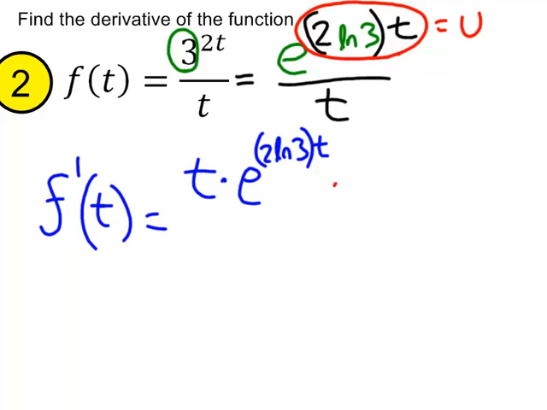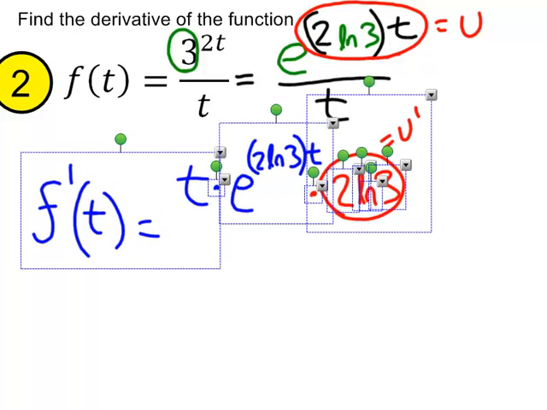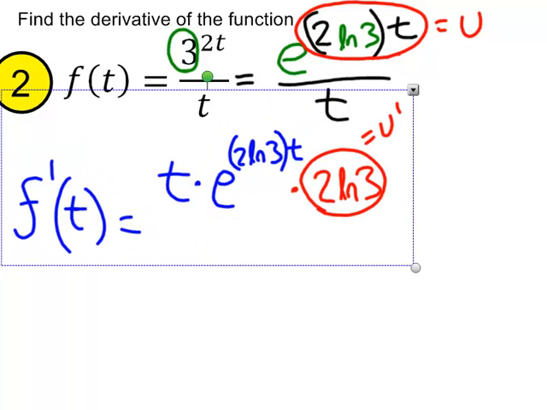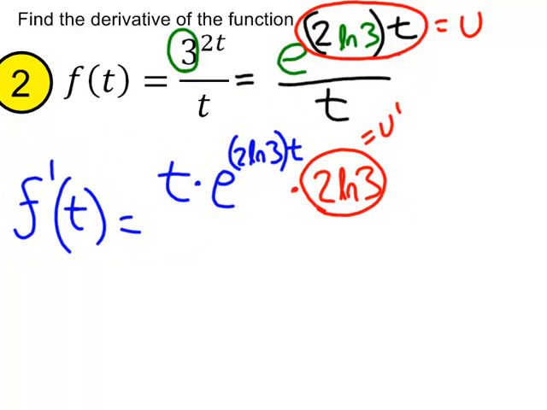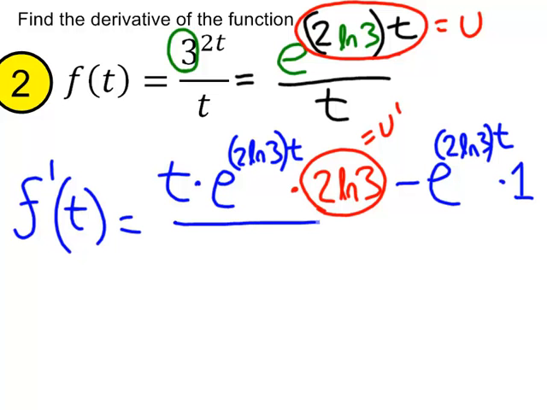So we'll write times 2 ln 3. So back to our quotient rule. That was bottom times derivative of top. Now let's do minus top times derivative of bottom. e to the 2 ln 3 t times the derivative of the bottom. And the derivative of t is just 1, times 1, all over the bottom squared, t squared.